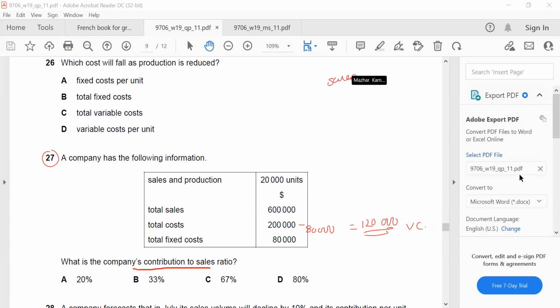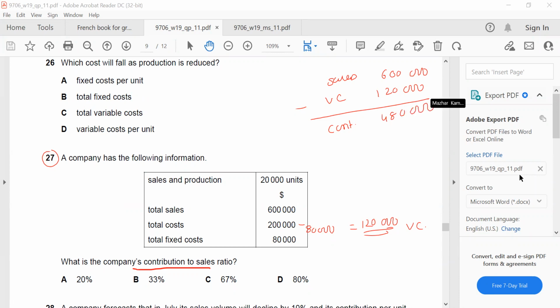Sales minus variable cost is contribution. What is contribution? It would be negative, right? 480,000. Oh, never mind.